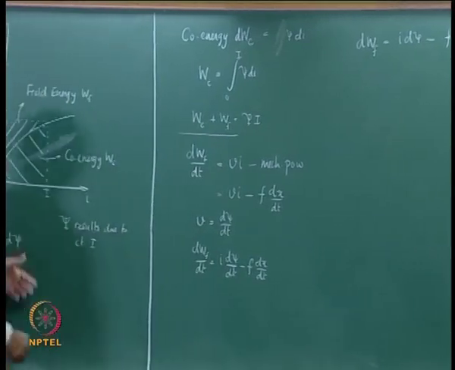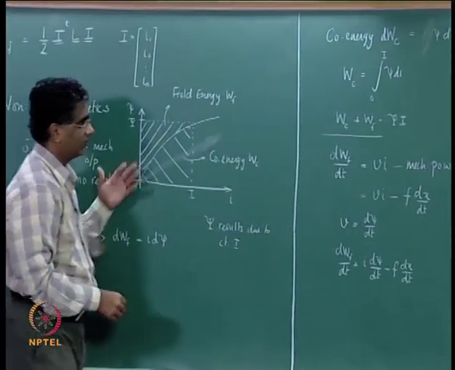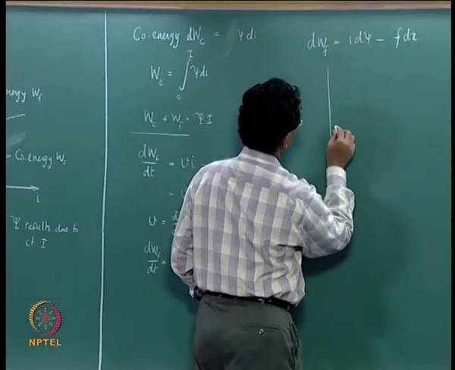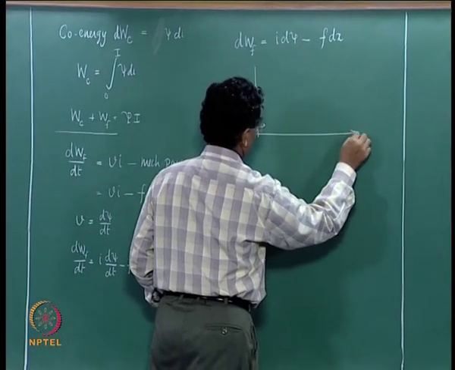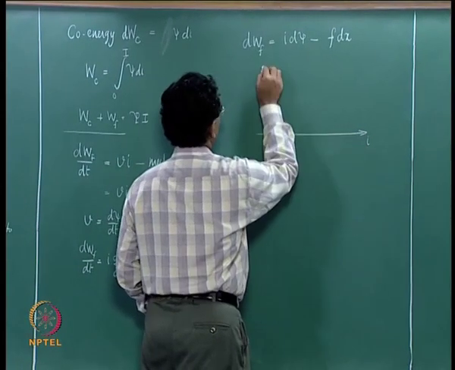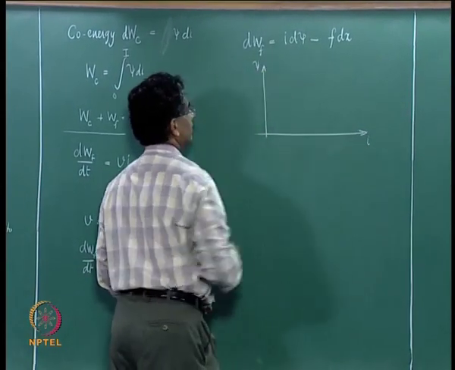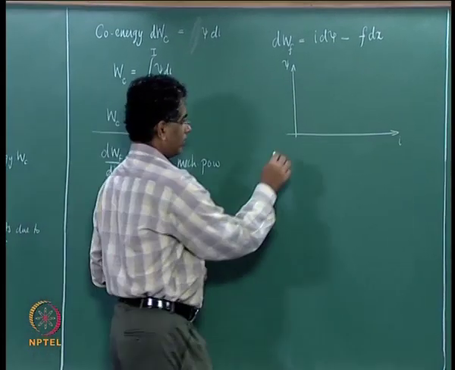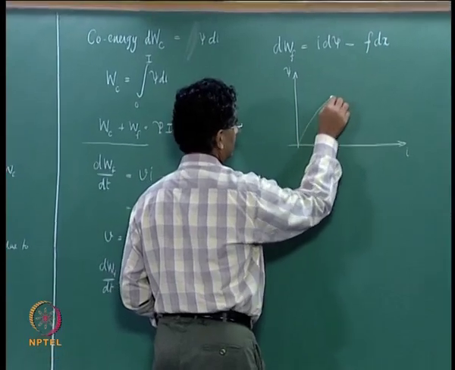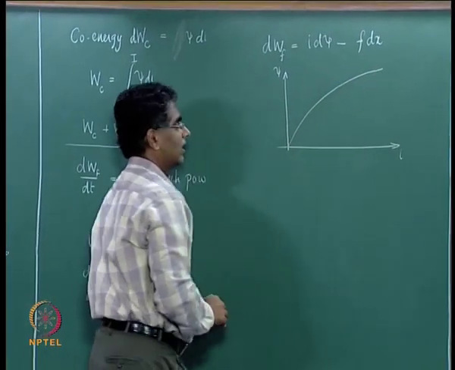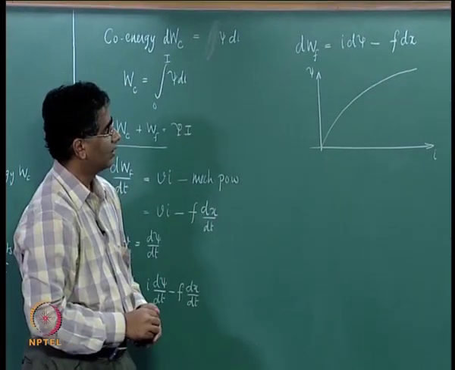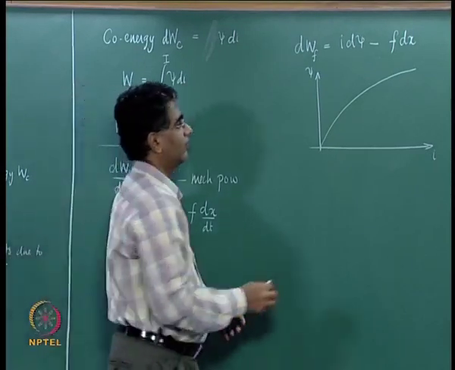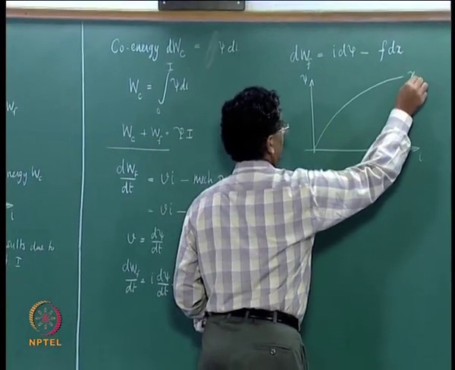Now let us look at this graph once again, or maybe we will draw it once again here. This is your axis for I, and here you have psi. Now if we represent the relationship between psi and I as this line, it is obviously valid for some value of x, say x naught.